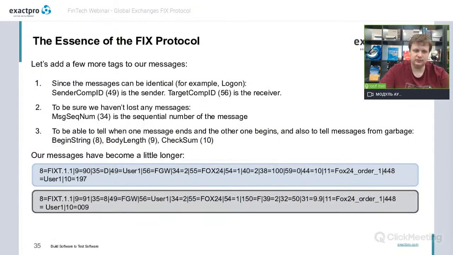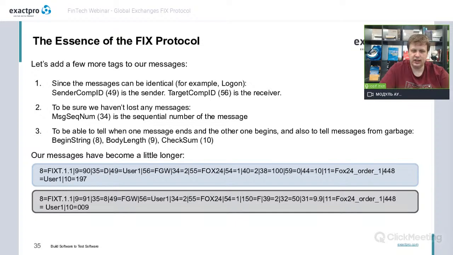Let's go next. There are additional important parts of FIX messages. They are the standard header and standard trailer. So what we send in the beginning of the message and what we send at the end of the message.